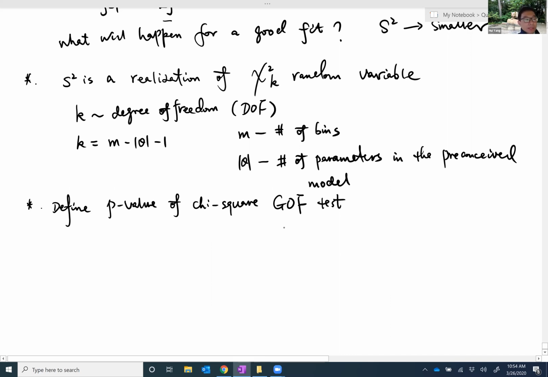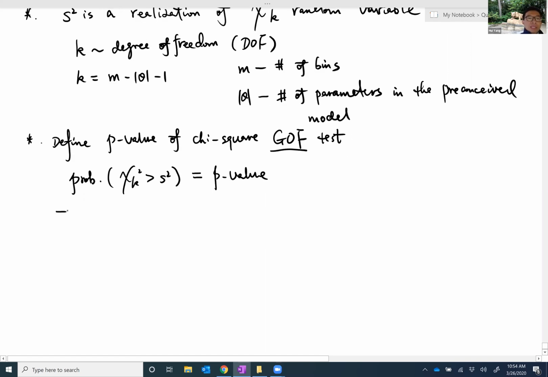So this is a probability: if we have a chi-square K greater than S squared, that is our p-value. Okay. Again, let me reiterate, the smaller the p-value is, the stronger the evidence against the null hypothesis.